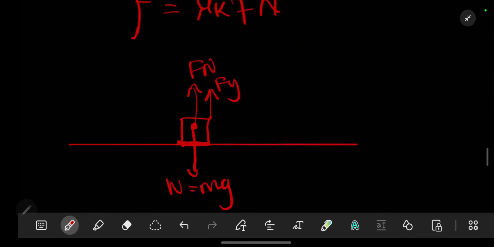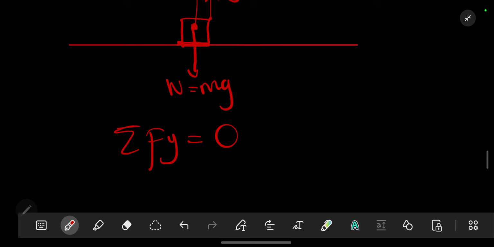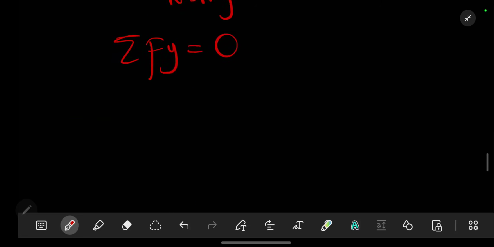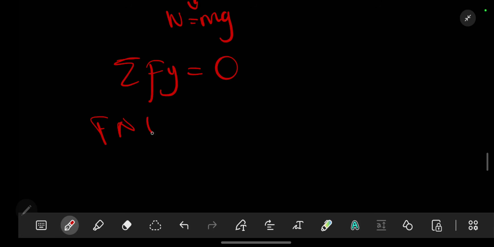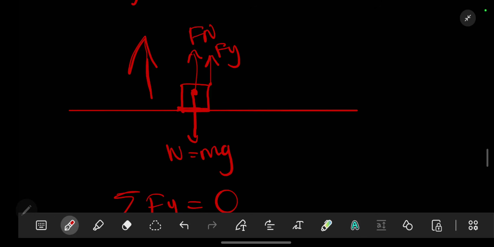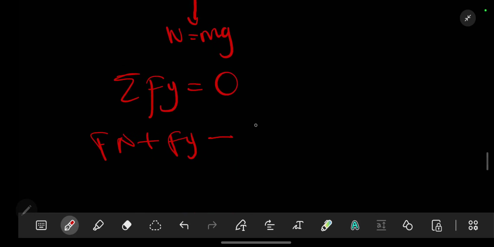Adding the forces in the y: the normal force plus Fy, minus mg, since it points downwards, should be equal to 0.